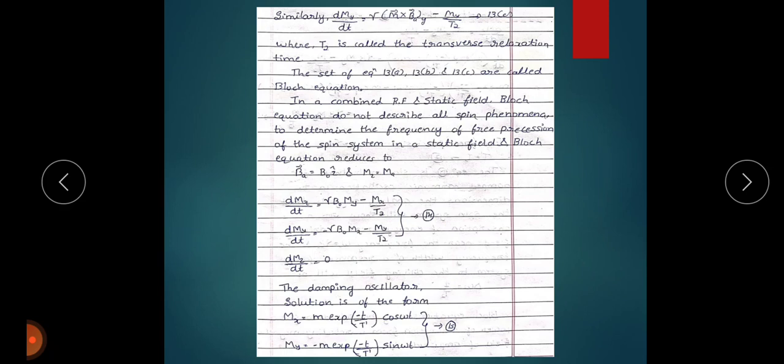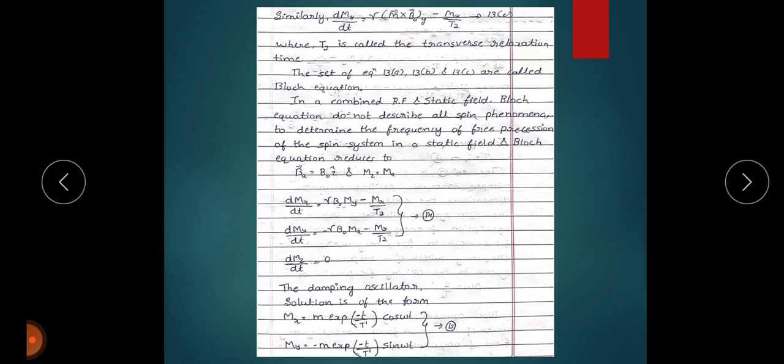These three sets of equations are: dMz/dt equals ν into magnetization vector M cross vector B along z, plus M0 minus Mz divided by T1, taken as equation 13a. Next, equation 13b: dMx/dt equals ν M cross B along x, minus Mx divided by T2.